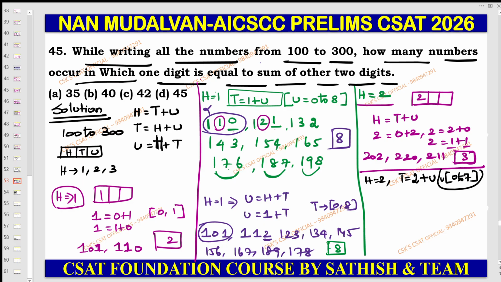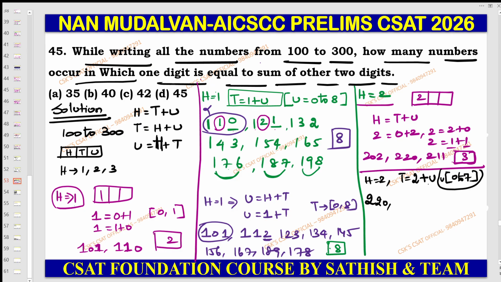Right. So now after knowing this, what do you have to do here? You have to check. If you place a 0 in the unit place, it becomes 220.